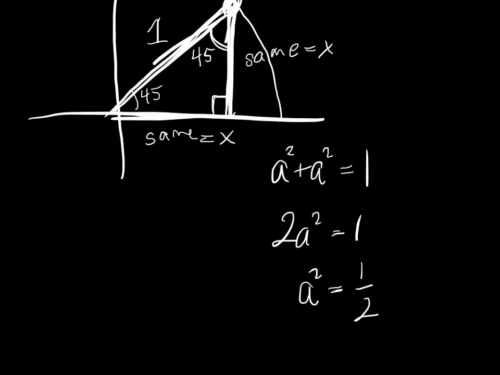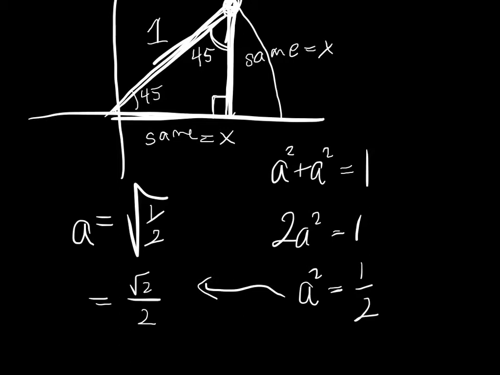In other words, a is the square root of 1/2, which some people make you write as root 2 over 2. So this is like 1 over root 2.